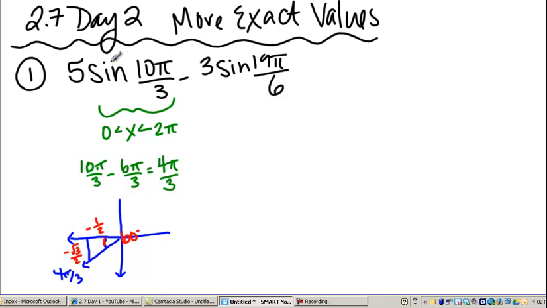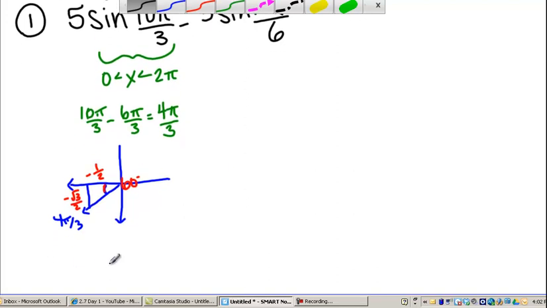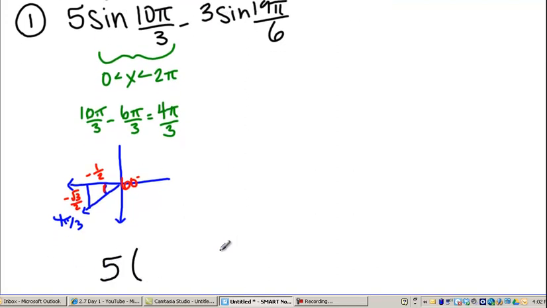Okay, so it is asking for sine. Let me draw an arrow. Ooh, let me extend the page a little bit. So they want you to find 5 times the sine value. Remember, sine is equal to y over r.